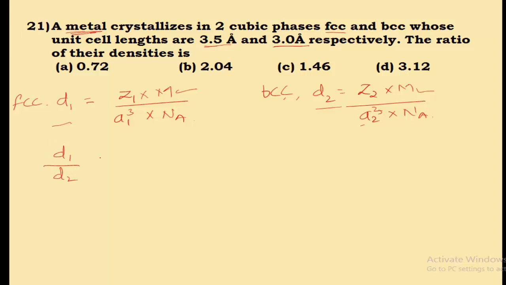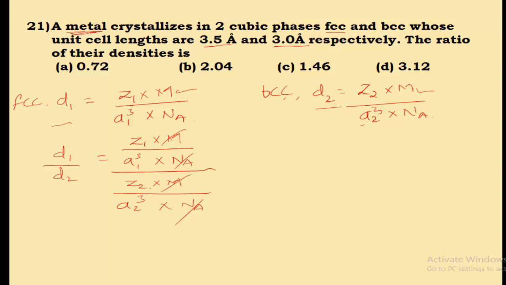Take the ratio D1 by D2, which is equal to Z1 into M divided by A1 cube into NA, whole divided by Z2 into M divided by A2 cube into NA. Now simplify this. NA cancels, M cancels. What remains is Z1 divided by A1 cube, whole divided by Z2 divided by A2 cube.